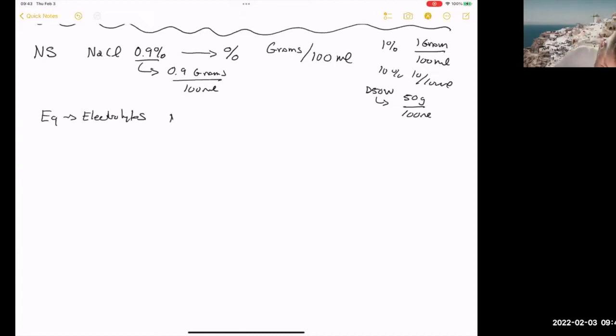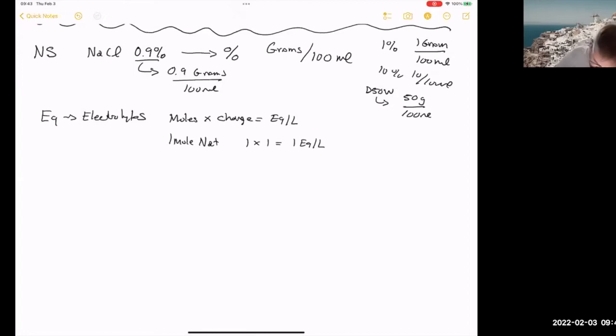So moles times charge equals equivalent per liter. So if I have 1 mole of sodium ions dissolved in a liter, the number of moles is 1 times the number of charges 1, and that equals what? 1 equivalent per liter.